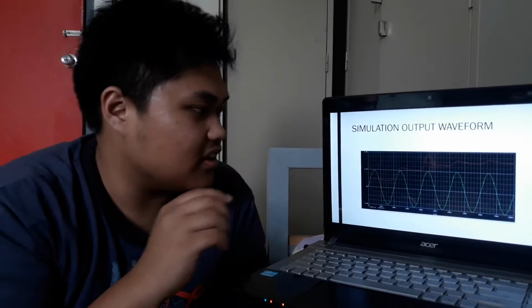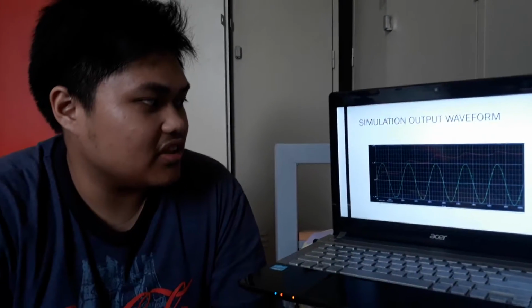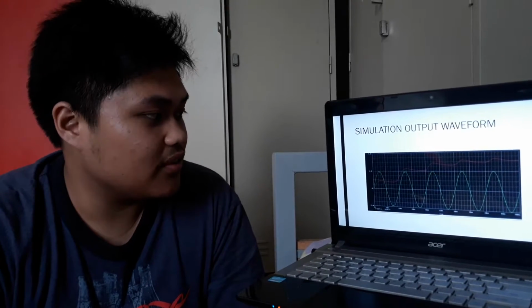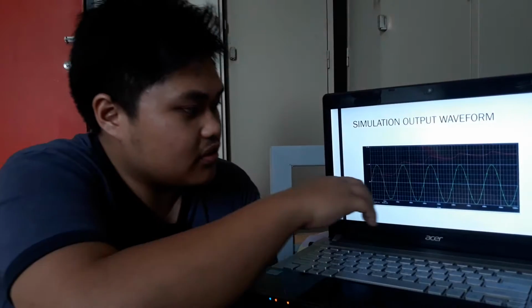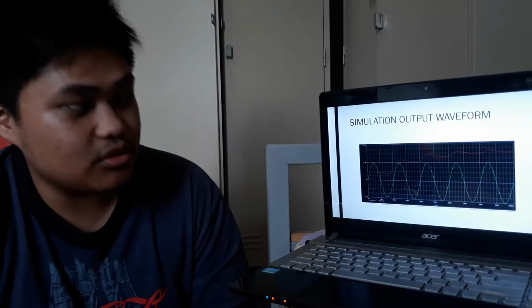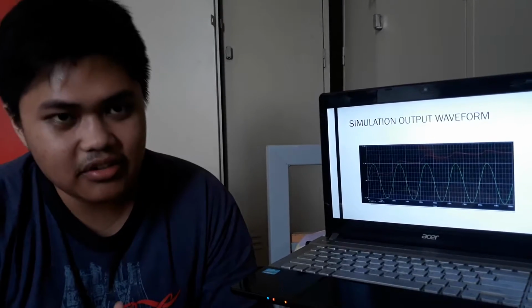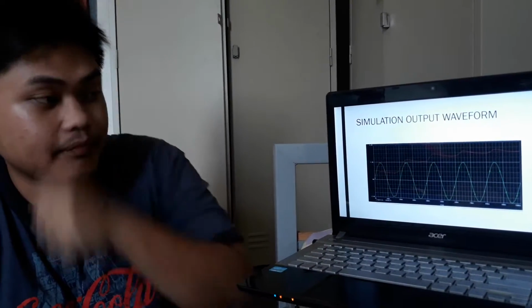For the Cockcroft-Walton, we inject a voltage of 2 volt, and the output voltage should be 4 volt, but because of the voltage drop, it cannot achieve 4 volt.